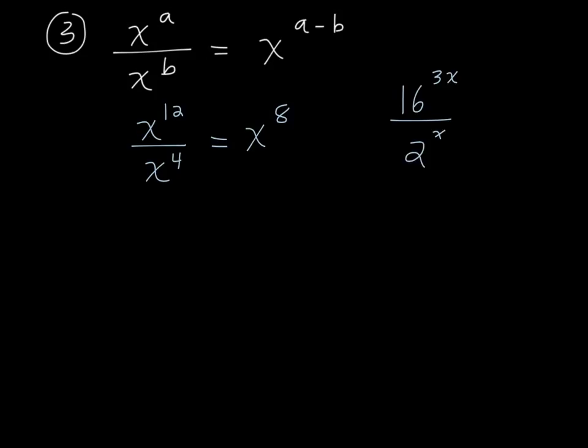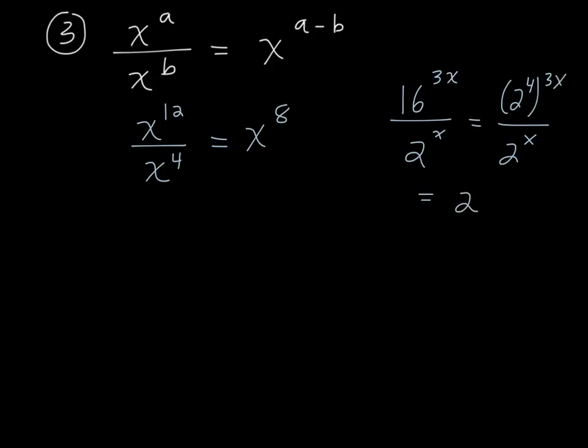Okay, and finally here's one that's a bit tougher. The temptation is to take that 16 and to divide it by 2 and get 8, and then to subtract your powers, but you have to have the same base. Now, you can't always get the same base, however, in this situation, we can get the same base. That 16 is really 2 to the 4th, so we can use some additional exponent rules.